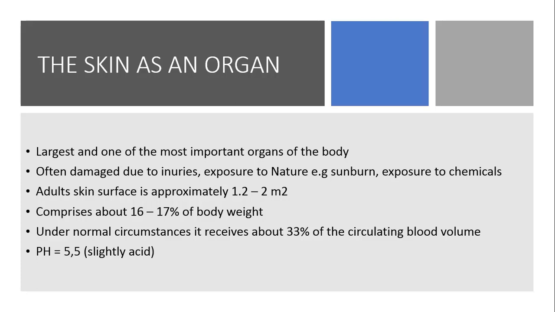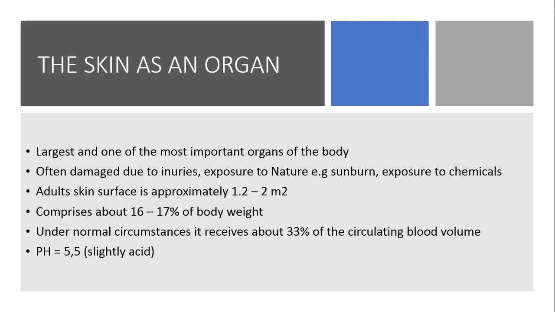All right, so when we have a look at the skin, the adult skin surface is approximately 1.2 to 2 square meters. So roughly, if we could take off our skin and unzip it in some way, we would be able to cover a double bed with it.